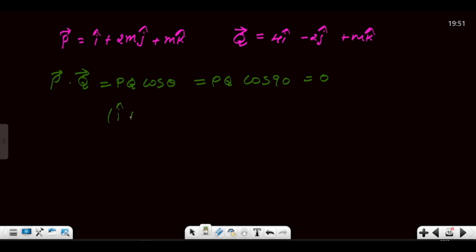So (i cap plus 2m j cap plus m k cap) into (4 i cap minus 2 j cap plus m k cap) equals 0.